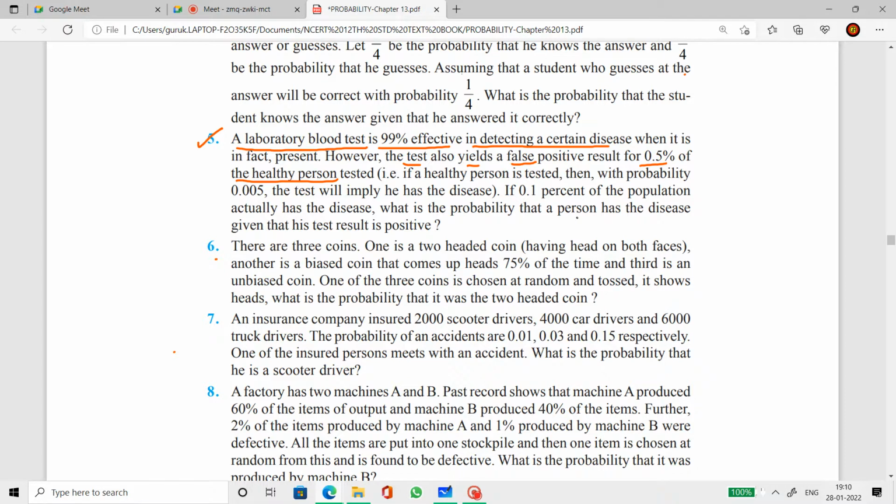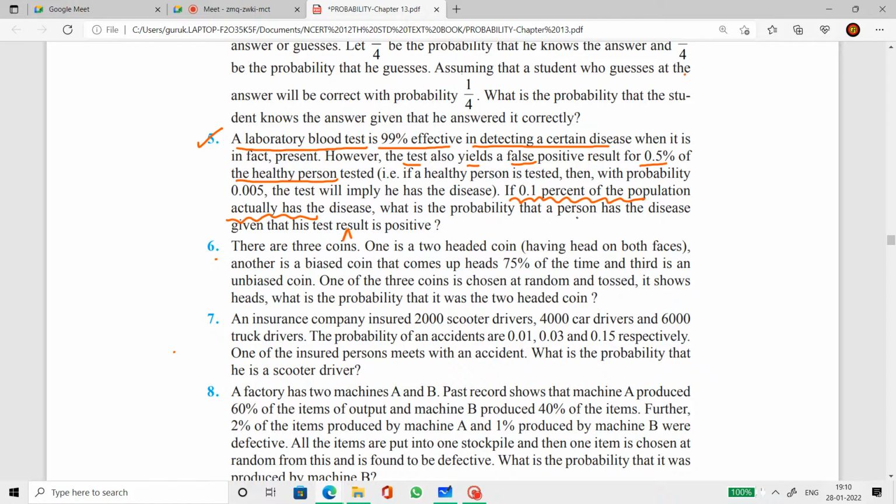So we can leave it as of now. 0.5% of tests yield a false result. If 0.1 percentage of the population actually has the disease, so of the larger population, 0.1 percentage have the disease, what is the probability that a person has the disease given that the test is positive?